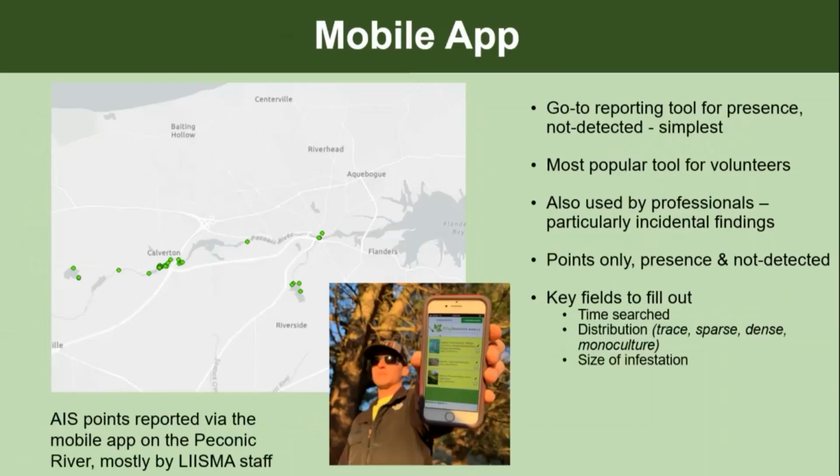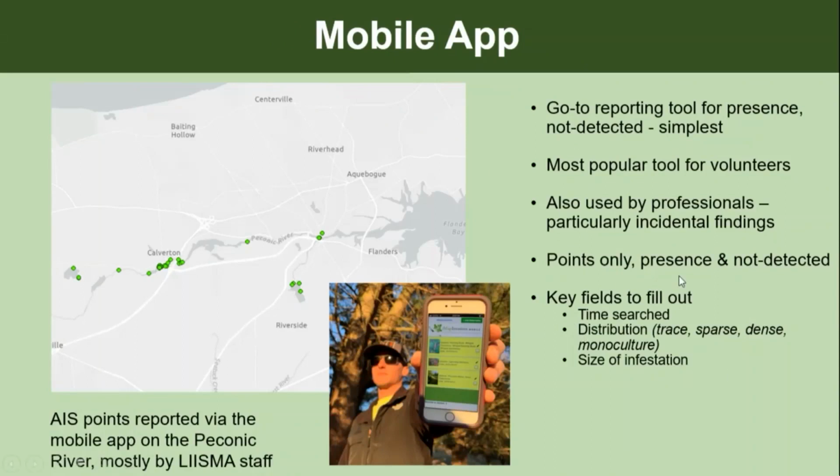And many of you also know the mobile app. It's kind of the go-to reporting tool for simple data, for present and not detected. Because it's built for quick and easy data collection, it's the most popular tool for volunteers, but it is also used by professionals, particularly for incidental findings or when they just need a quick way to report simple presence and not detected data.